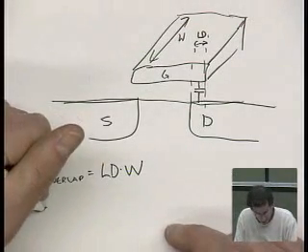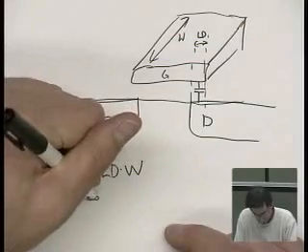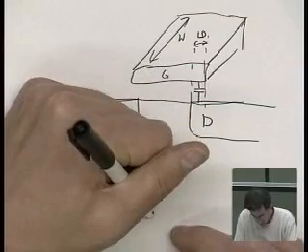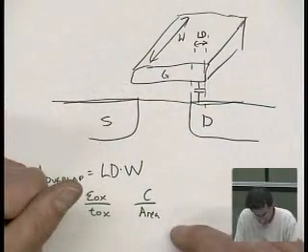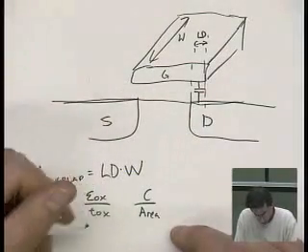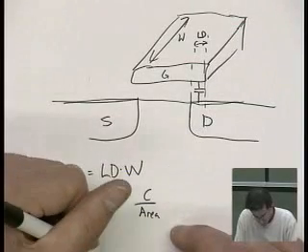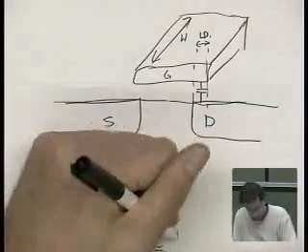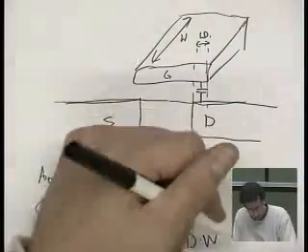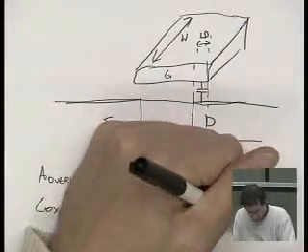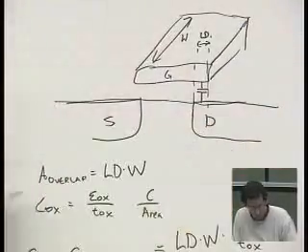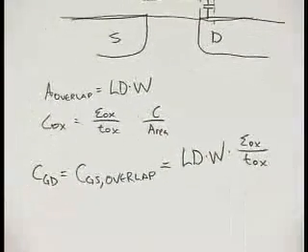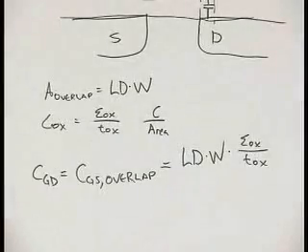And Cox is equal to epsilon_ox over Tox, which is capacitance per area. So therefore, capacitance CGD is also equal to CGS overlap, which is equal to LD times W times epsilon_ox over Tox. Okay. Oops, sorry. So that's actually in the model, although it's not explicit.